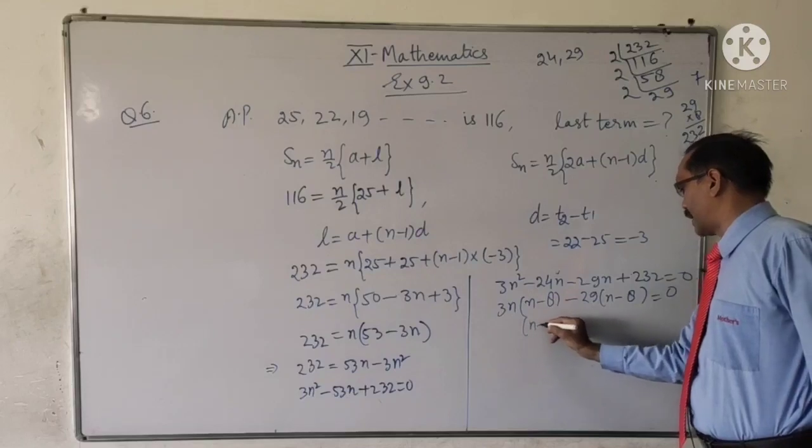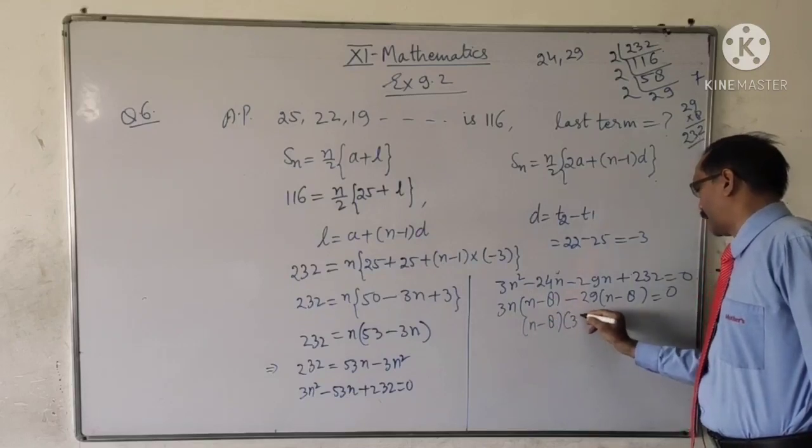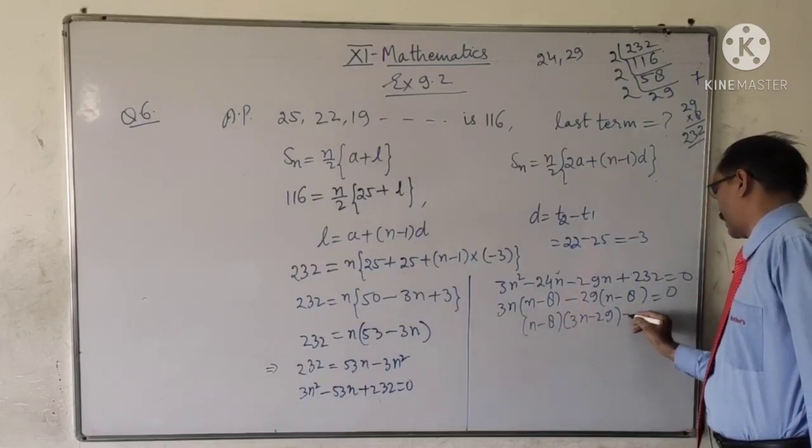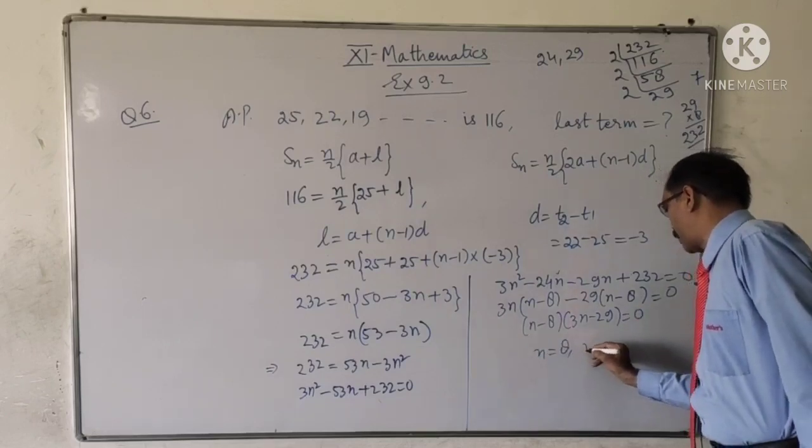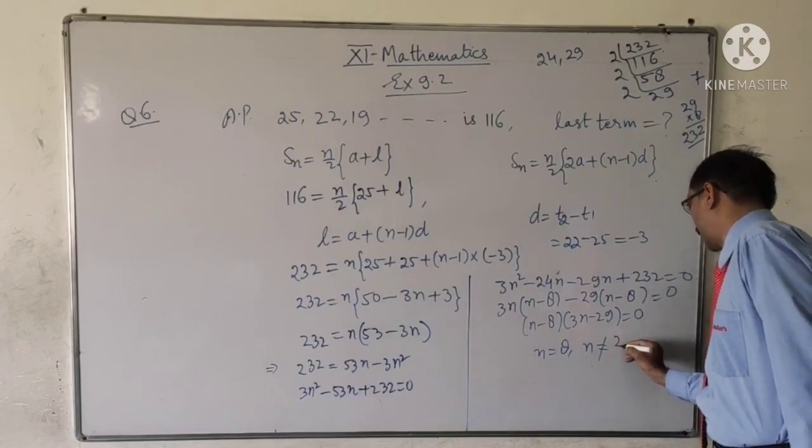So n minus 8 into 3n minus 29 equal to 0. So n equal to 8. n cannot be a fraction.